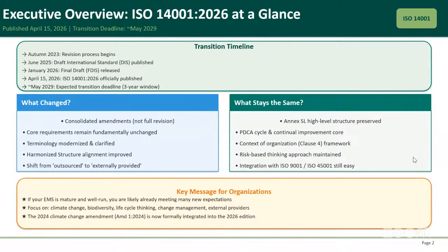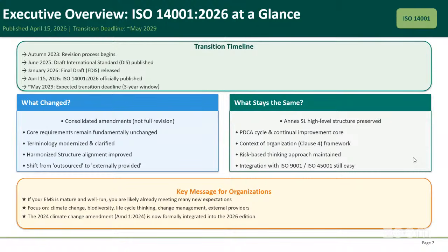When you look at clause 4.1 in the earlier version of the standard, it was not written there. What you see there is that the organization shall determine external and internal issues that are relevant to its purpose and that can affect the intended outcome of its environmental management system.